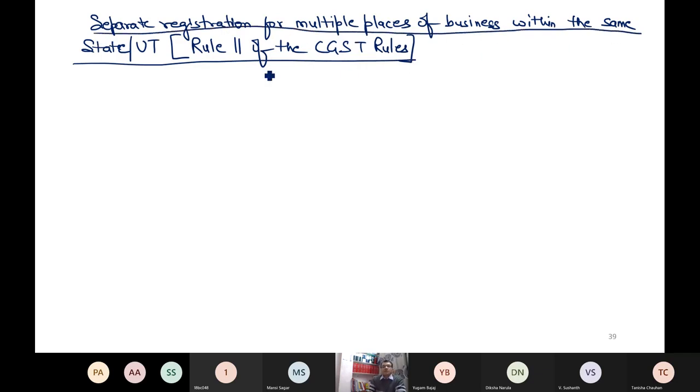So if you want separate registration for each office within the same state, what conditions should you fulfill? First point, you must be having multiple places of business. This is of course sure.